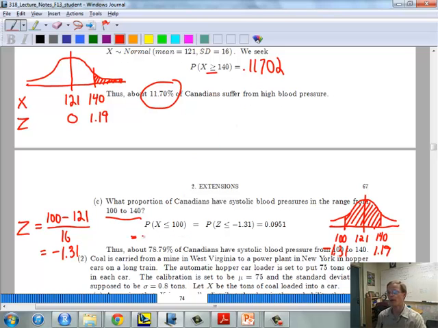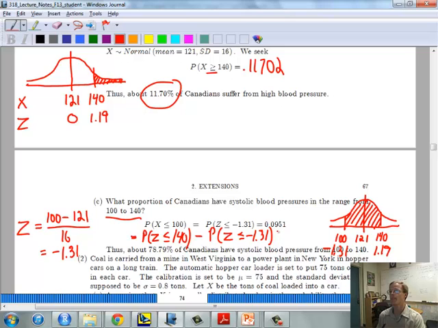So I need the probability that z is less than or equal to 1.19, minus the probability that z is less than or equal to minus 1.31, which I've obtained.